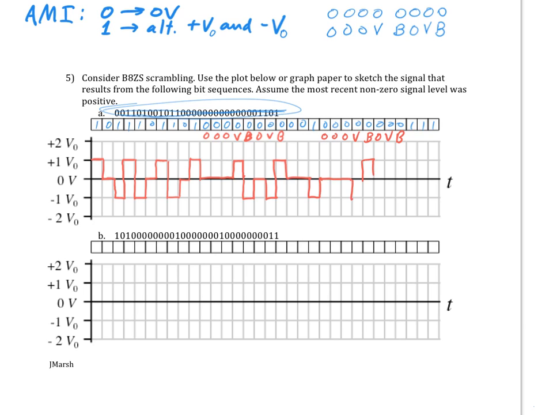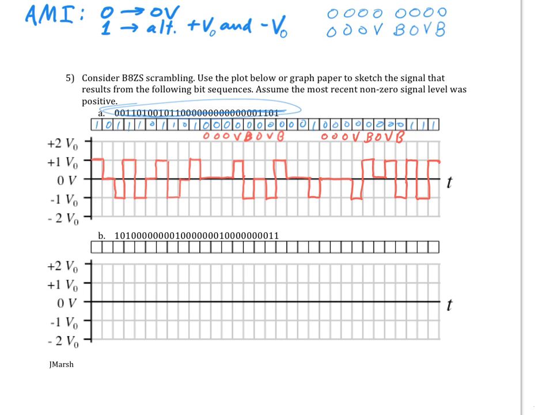I don't know what happened to my bit there. Then a 0, then another violation, and then another bipolar. And then 1s give me normal bipolars, negative, positive, negative, positive.